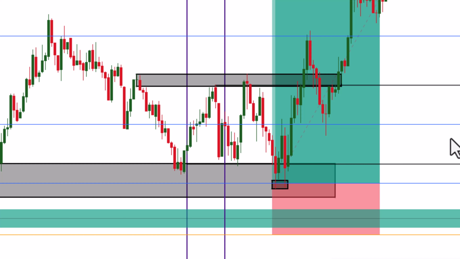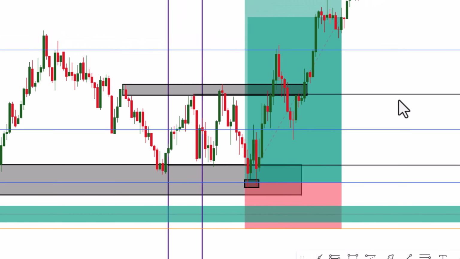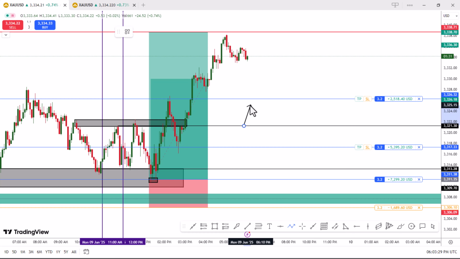So what do you use to execute a trade? You have to wait because it's a consolidation. You have to wait for price to break above it, either come back for a retest, or equally just have a pushback and a break of structure. So with this break of structure above this range, that is when you execute your trade.